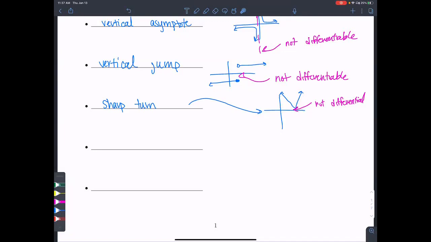Say you were looking at these two, this is x plus h, and you're sliding that h closer and closer to here. The secant line on this side would be like this, and the secant line on this side would be like this, and those slopes are opposite of one another. The fact that those slopes aren't starting to match up is a problem. This sharp turn makes the function not differentiable there.